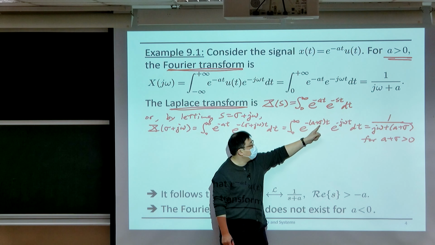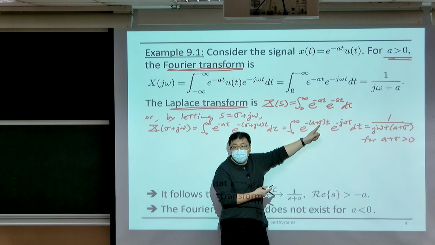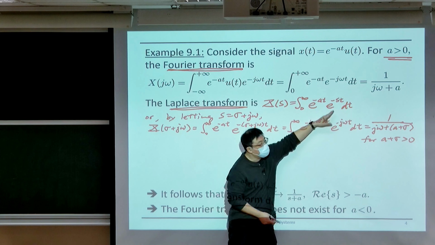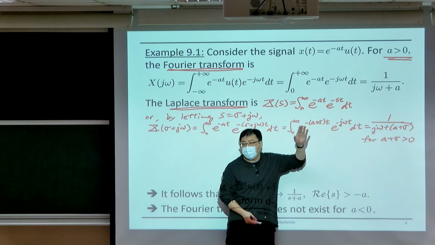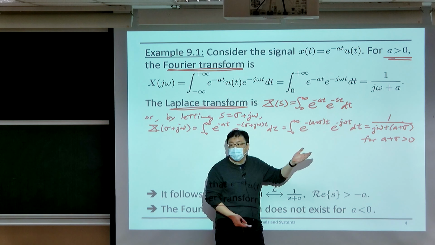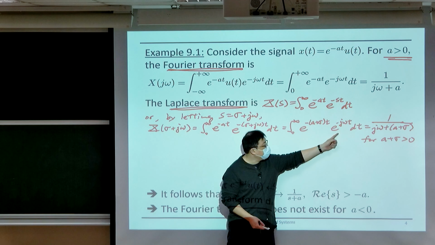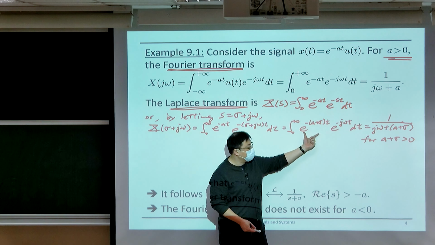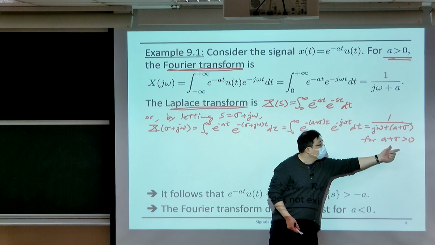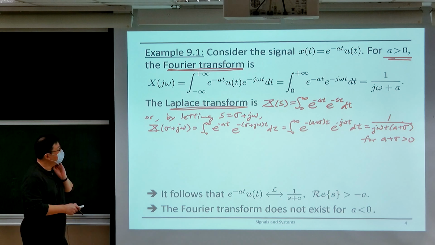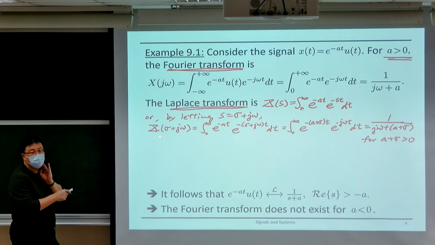If a plus sigma is less than or equal to 0, then this would be an increasing exponential that is not absolutely integrable and would not have a Fourier transform.